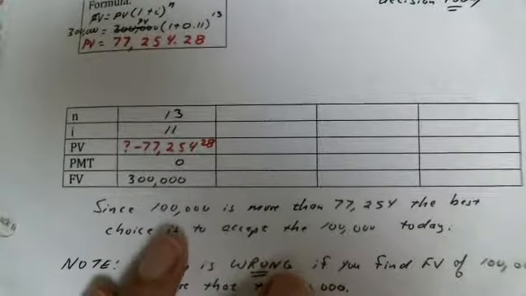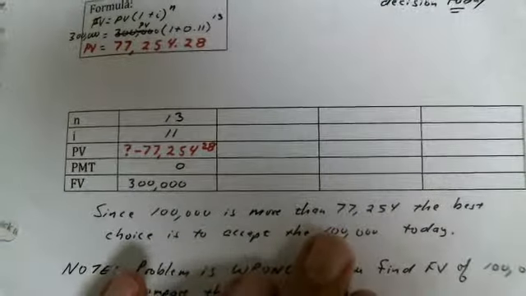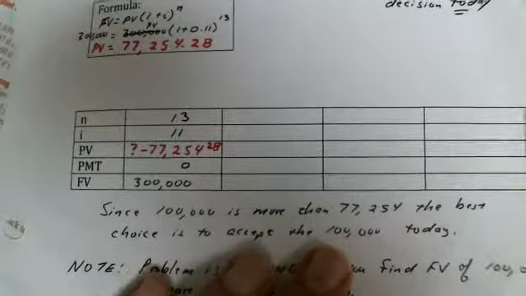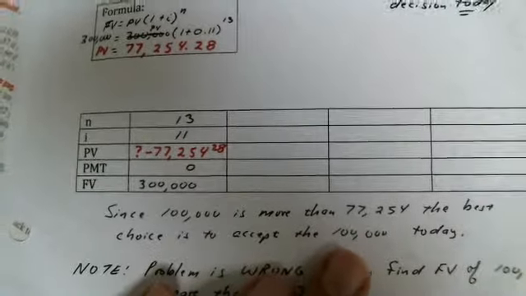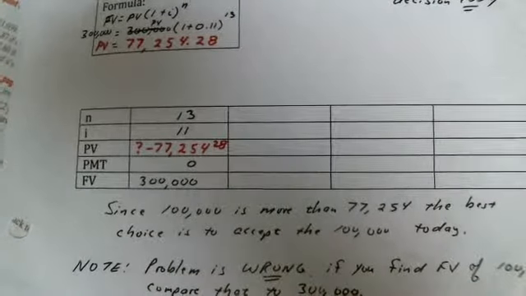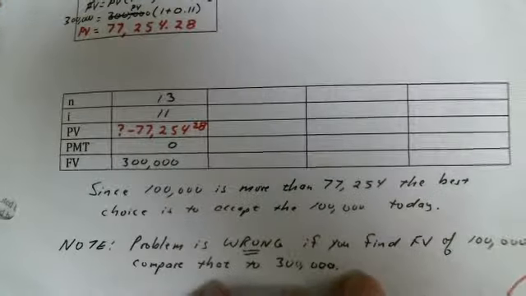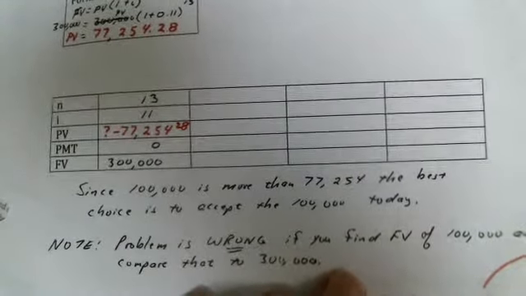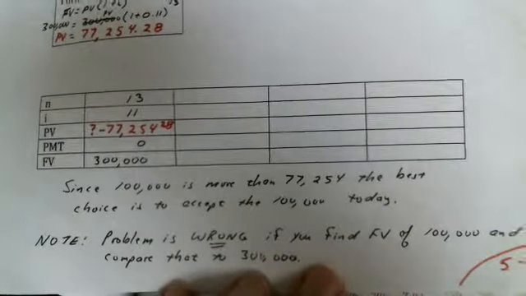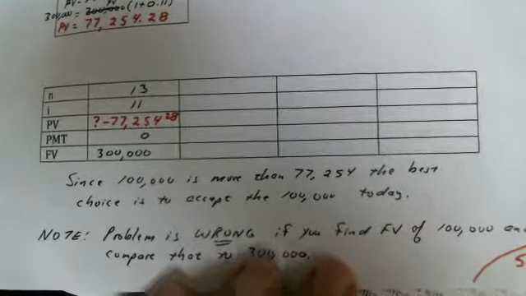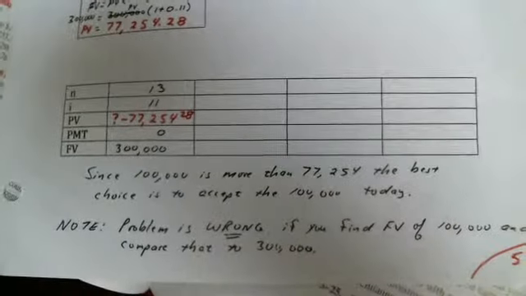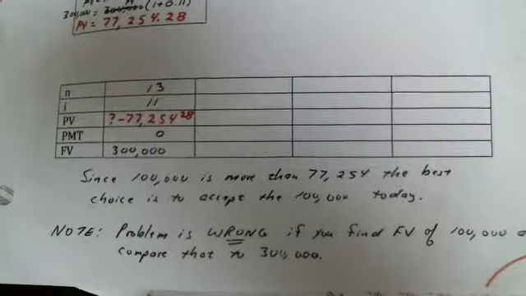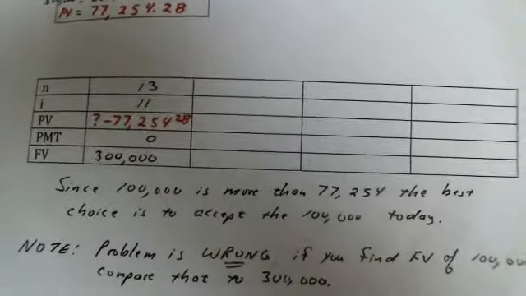And since 100,000 is more than 77,254, the best choice is to accept the $100,000 today. And again, I've got my little note here just to remind you, the problem is wrong if you find the future value of 100,000 and compare that to 300,000. Don't do that. Right now it might not make much sense to you, but in the near future, it will.